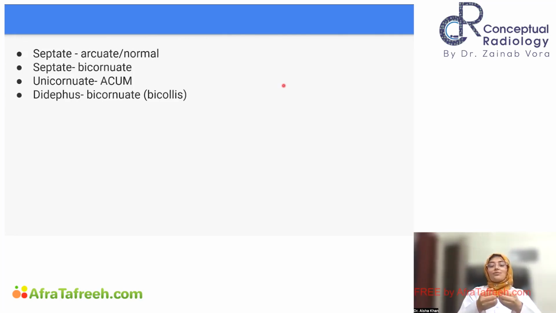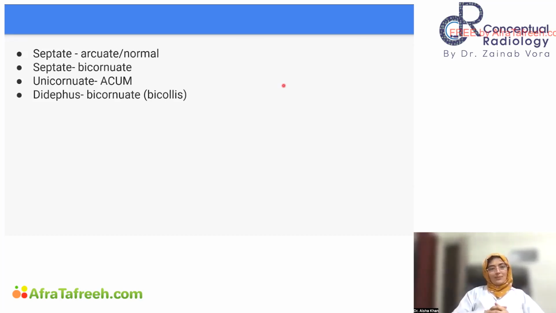Bicornuate में the two cervix will be very close, around 3-4 mm का distance होगा. बीच में there will be a septum. Okay, so usually bicornuate will have a septate cervix. It will appear like there are two cervix, but it is actually one cervix which is having a septum. Didelphys will always have two duplicated cervix. So that is the distance.